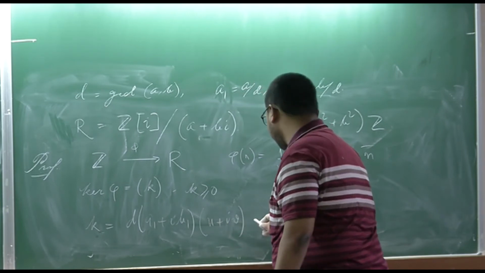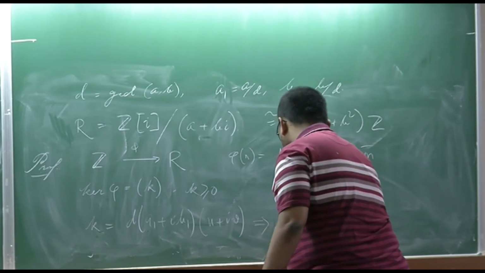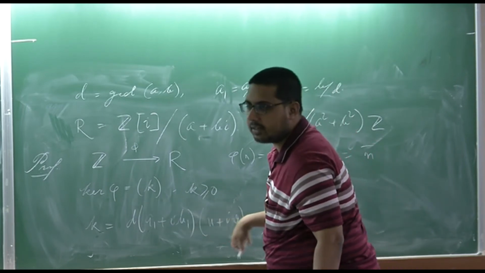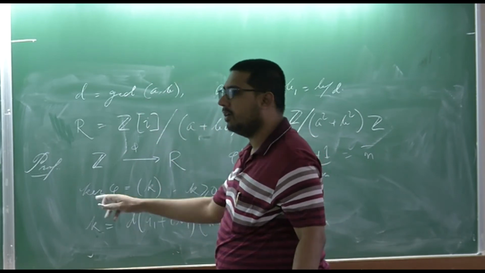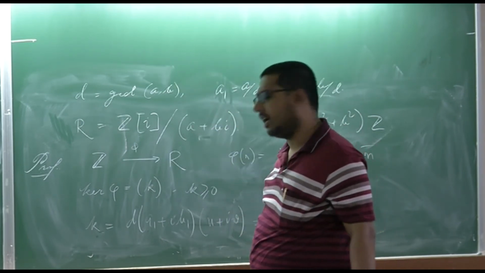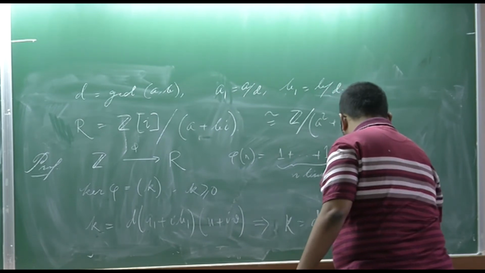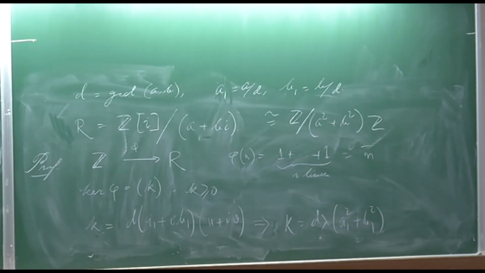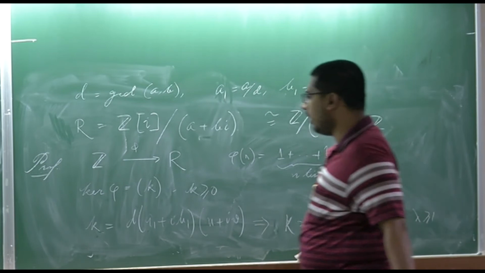Since all these are integers, from that by a little bit of manipulation you will see that this k must be of the form, so I am just leaving this to you, because you just have to equate the imaginary part to 0, and that will tell you, since a1 and b1 are coprime, that u and v are also going to be multiples of a1 and b1. So, this is what we are going to have, lambda times a1 square plus b1 square, for some lambda greater or equal to 1.